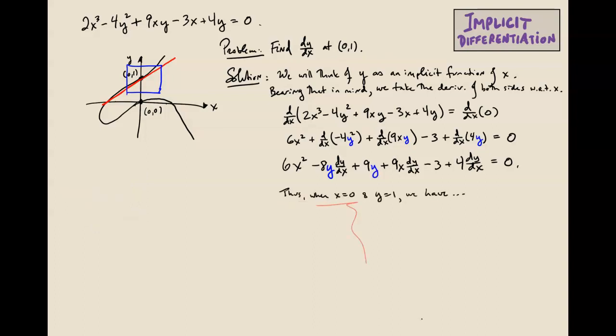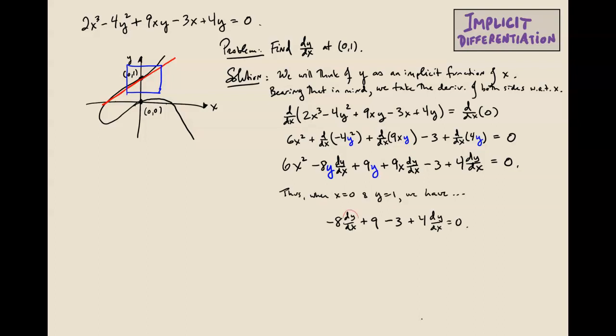Thus, when x is 0 and y is 1, we have, by making those substitutions, this first term is wiped out because x is 0. This second term becomes minus 8 dy dx. This term becomes plus 9 when y equals 1. This term gets wiped out when x equals 0. The minus 3 just sits there, as does the plus 4 dy dx equals 0.